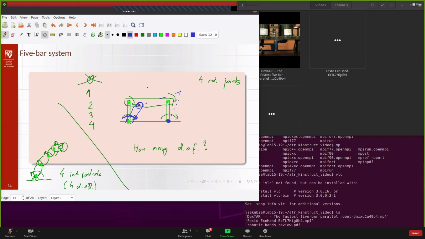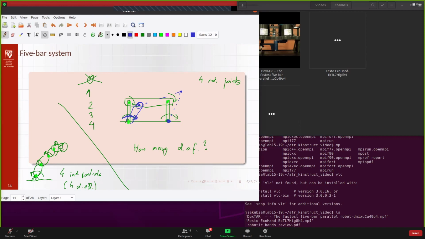So do we get another option of movement or not? Can we move it? Can we move this point here? No. One answer of no.